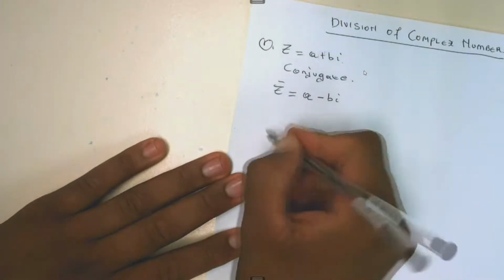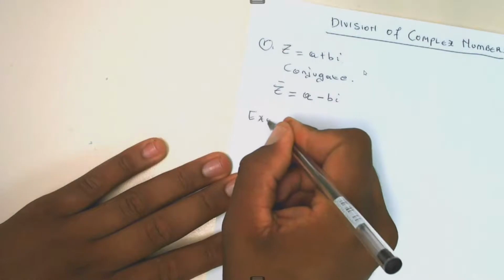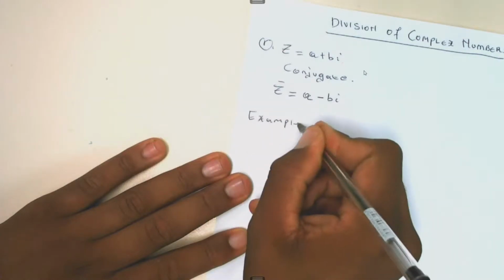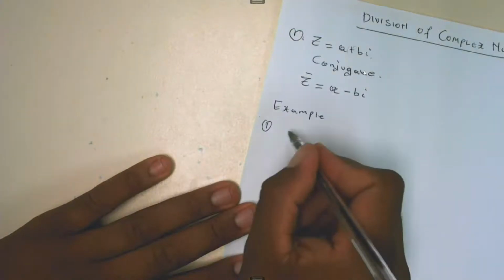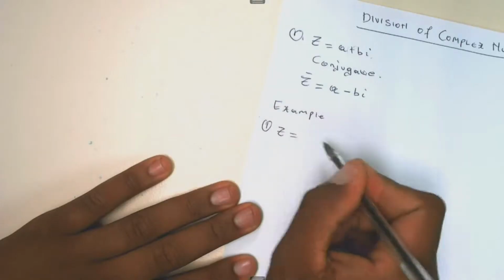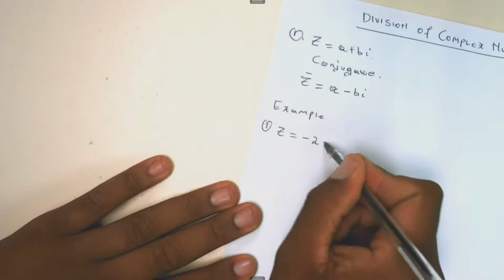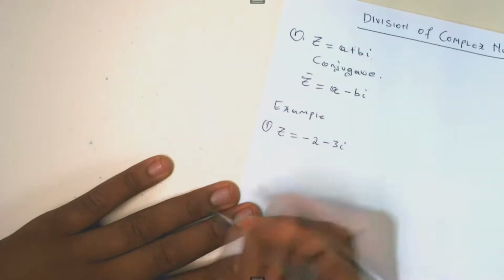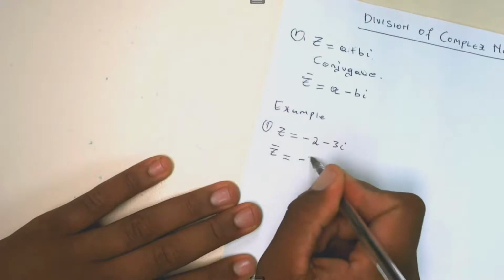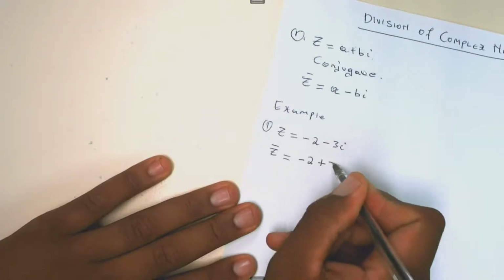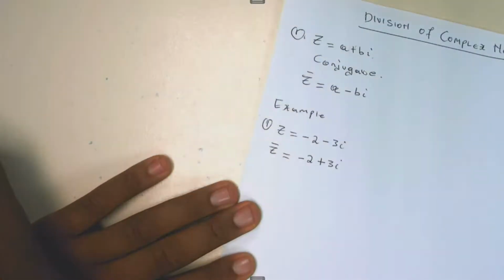So in other words, for example 1, if I have Z equal to minus 2 minus 3i, our conjugate will be what? Minus 2 plus 3i. That will be our conjugate.